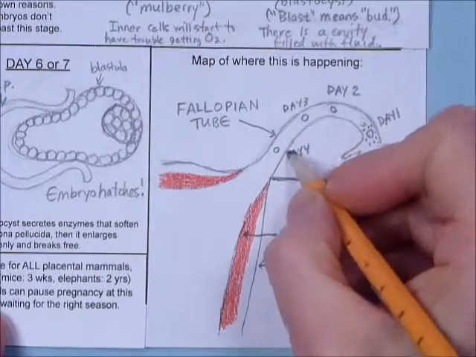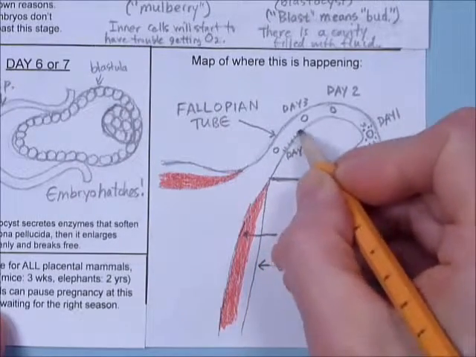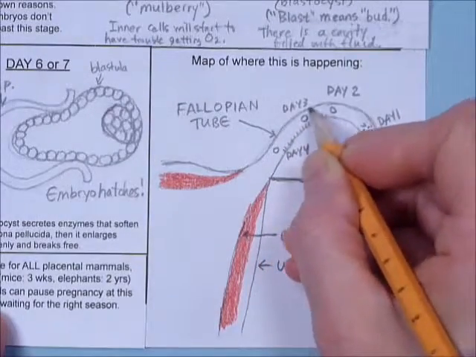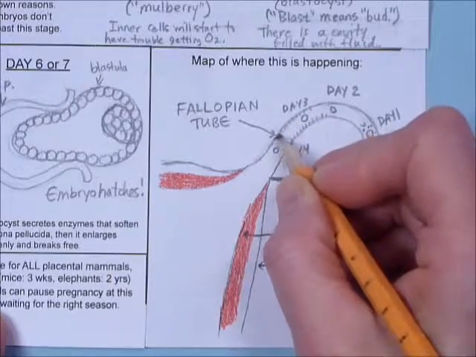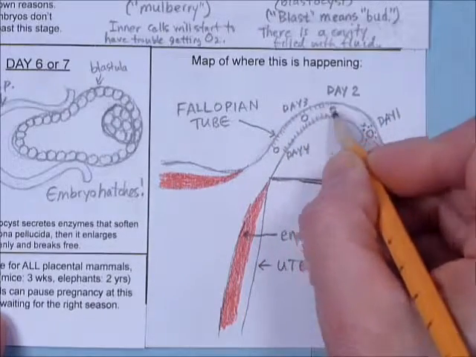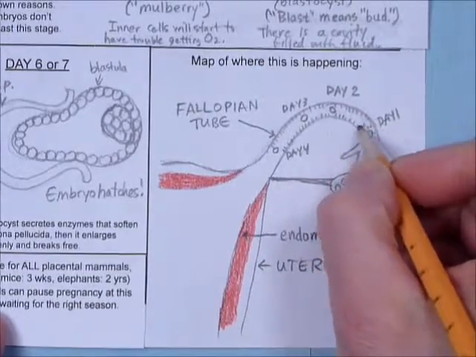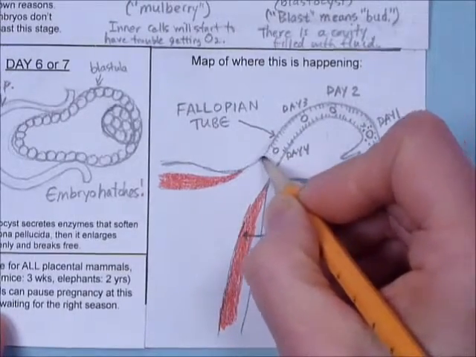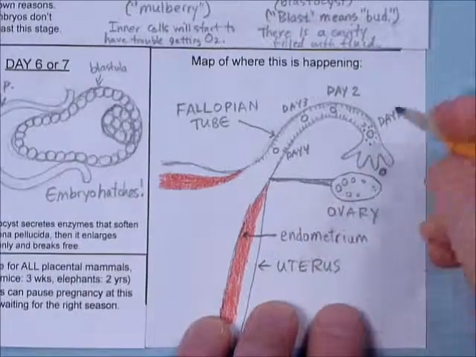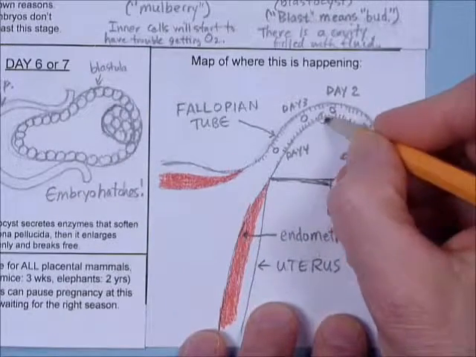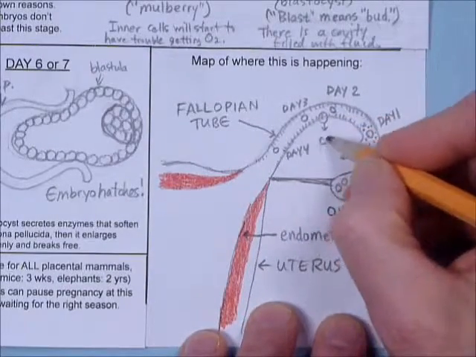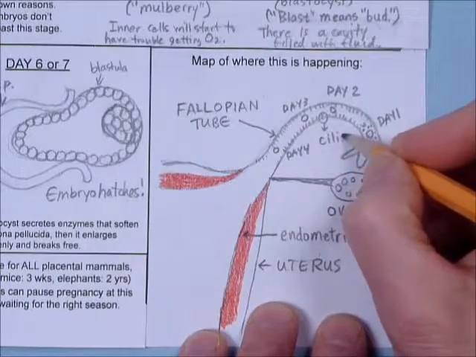The way they're moving is that there are little tiny hairs called cilia all along here. Now, of course, these are microscopic. This is way out of proportion, but we'll just make them large enough to see. So I'm going to circle some and point, write the word cilia, C-I-L-I-A.